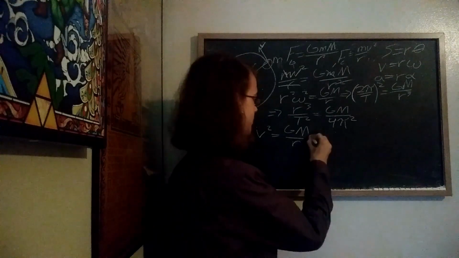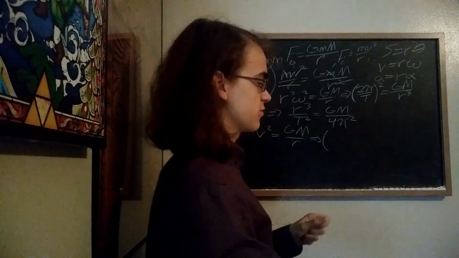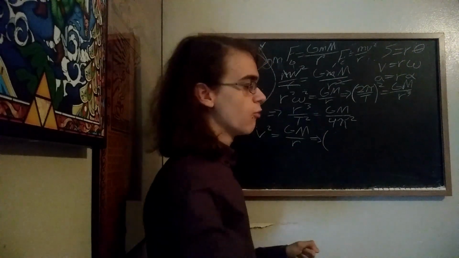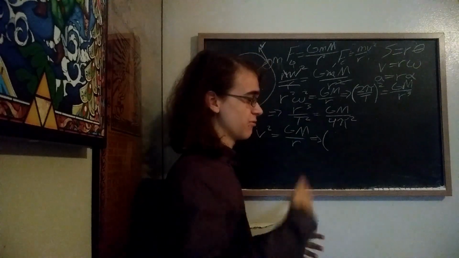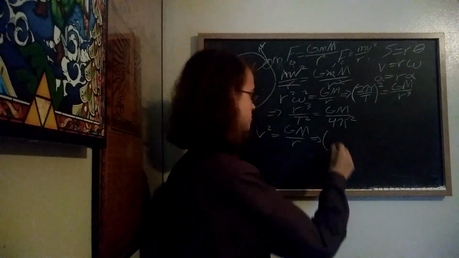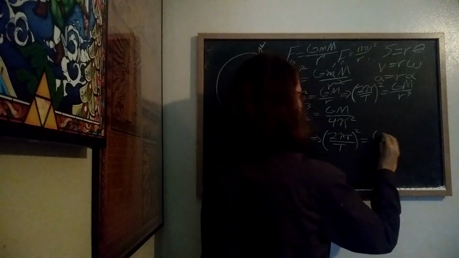We could have written this as how far it would have traveled in a period over the period, where the period is how long it takes for it to travel one revolution. And so that's going to be the circumference 2 pi r over the period, squared, equals our constant here.